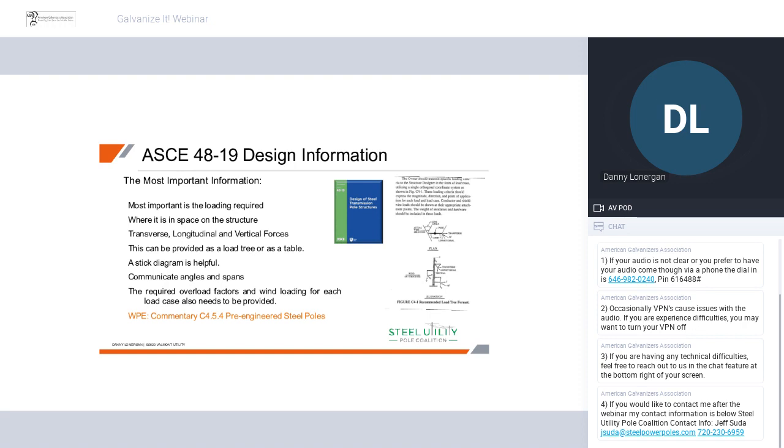Why meaning dig into what we're really doing with this pre-engineered structure. So there are differences between historically a solid wood structure pole and then a designed pre-engineered structure. So the industry has used wood pole equivalents forever, frankly, and it's kind of been applicable against any and all materials.